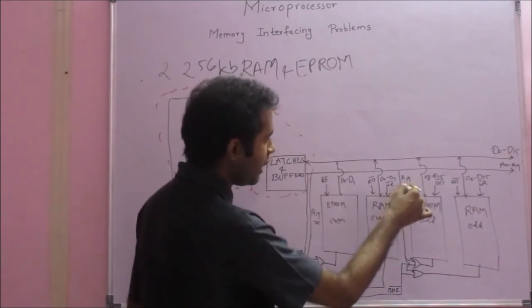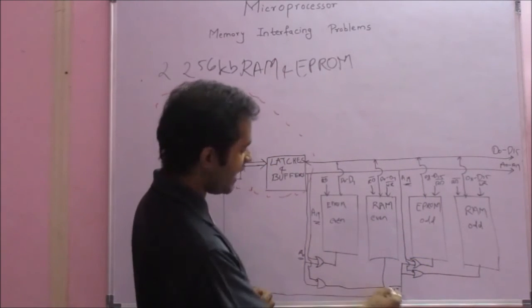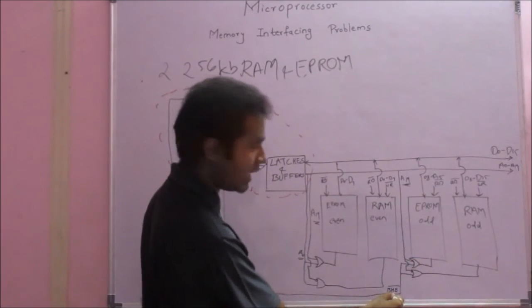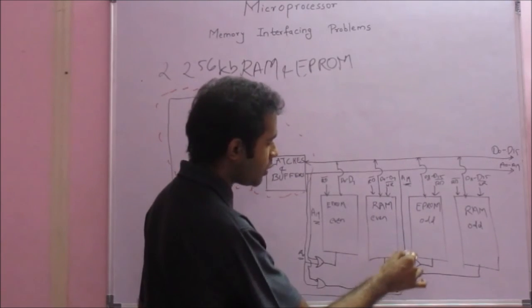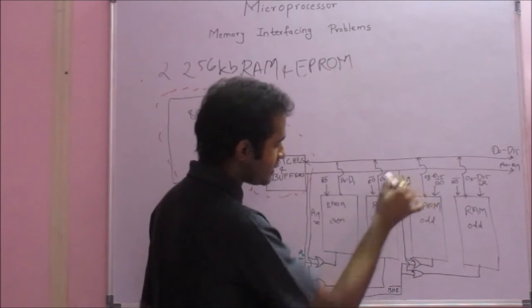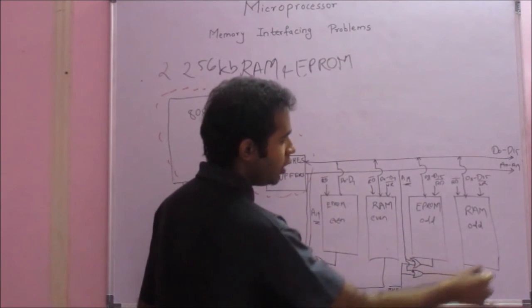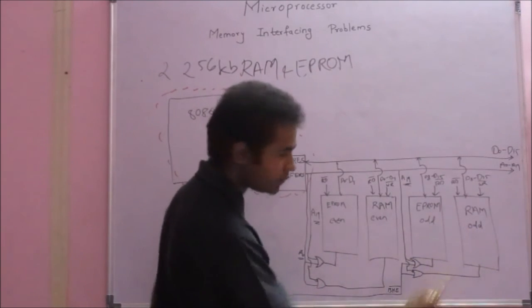The same A19 is connected to an AND gate with the BHE bar line, bus high enable line, to select the odd EEPROM, while A19 is negated and given to an AND gate with the BHE bar line to select the odd RAM.